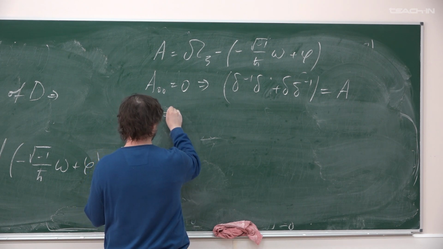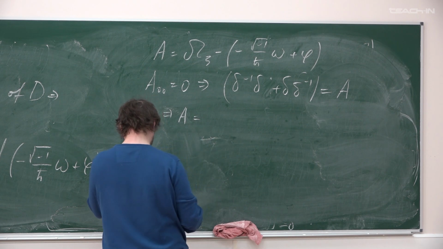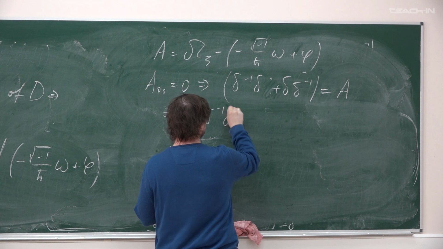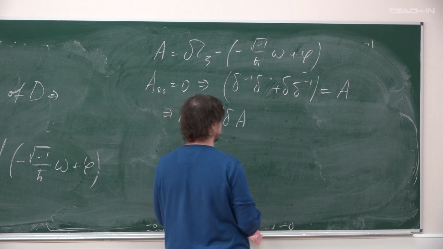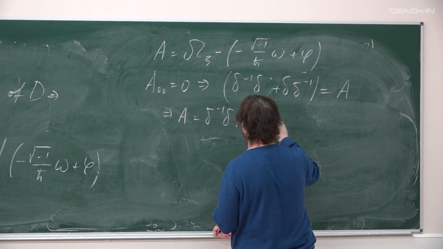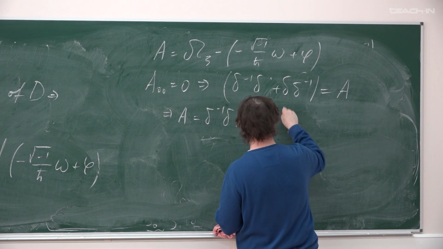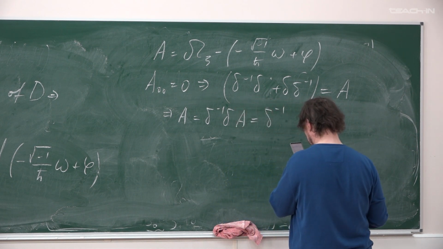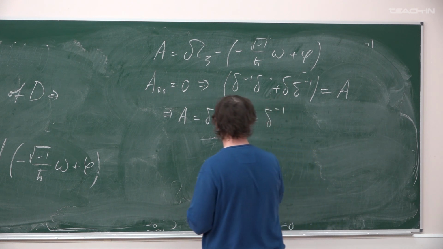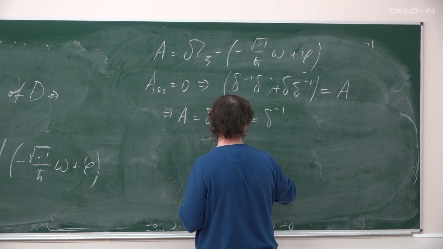So we have A is equal to delta minus first delta A, and what we do, we take delta minus first and observe that this is equal to dA.